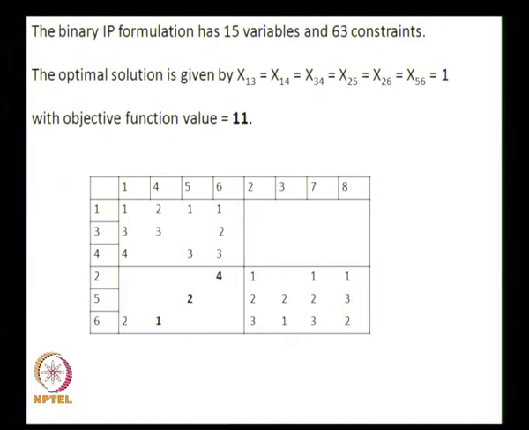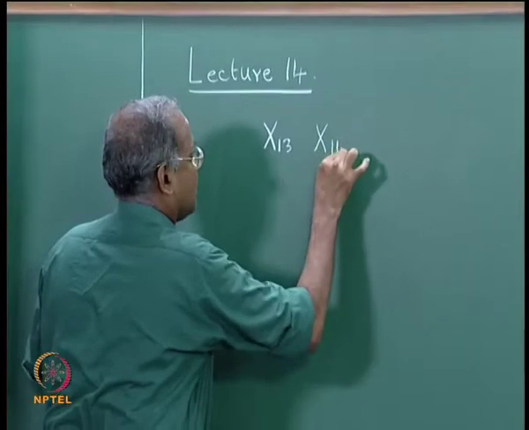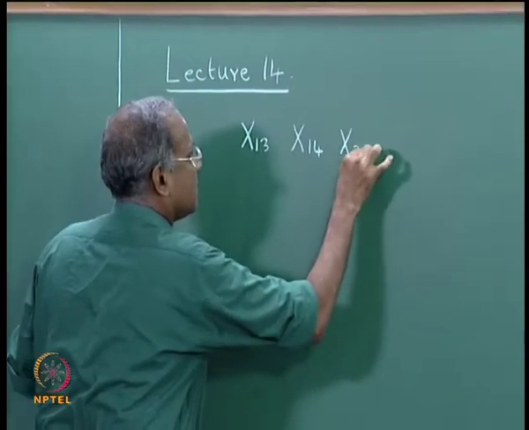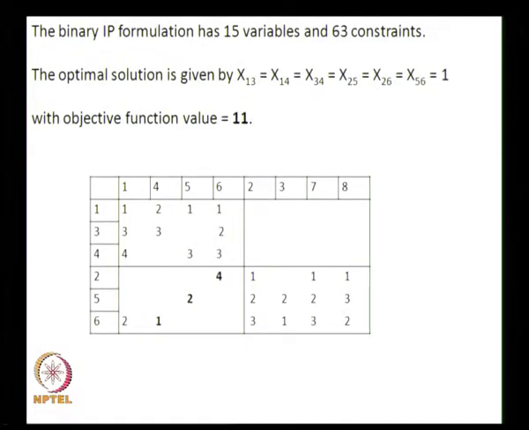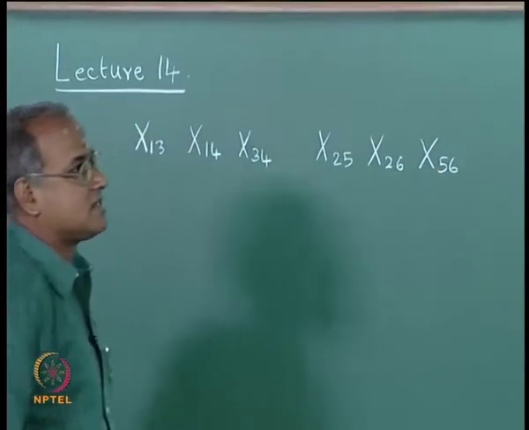So, let us first write this solution. So, the solution will be x13, x14, x34, x25, x26, x56 equal to 1.